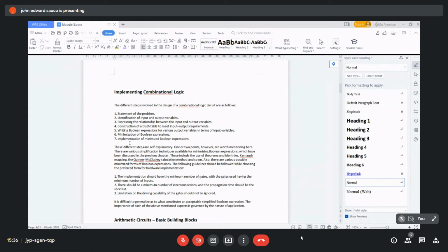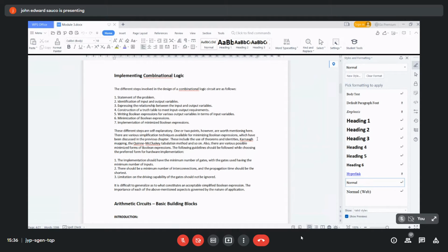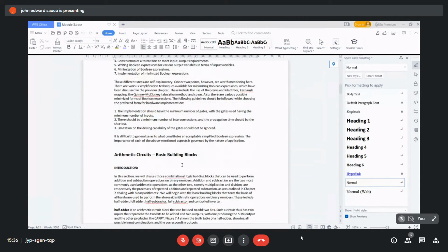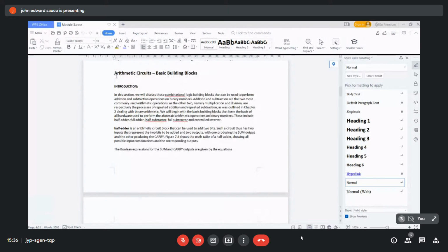Then, simplified form, yun na yung gagamitin natin. So, simplify siya gamit yung Karnaugh mapping.